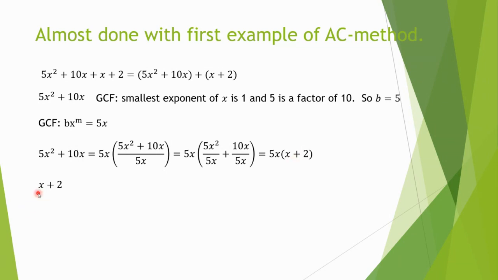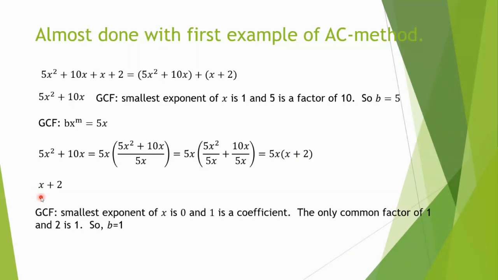Since we have a non-zero constant term, you can't take x out. So the smallest exponent of x is 0. The leading coefficient is 1. And the only factor of 1 is 1 itself. So because of that, our b would be 1, and m would be 0.